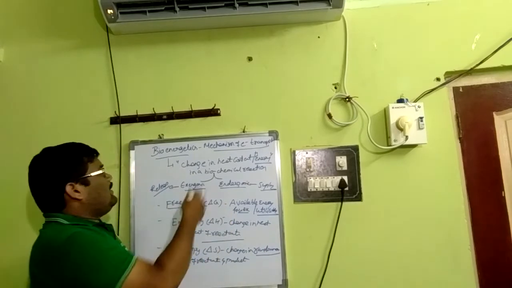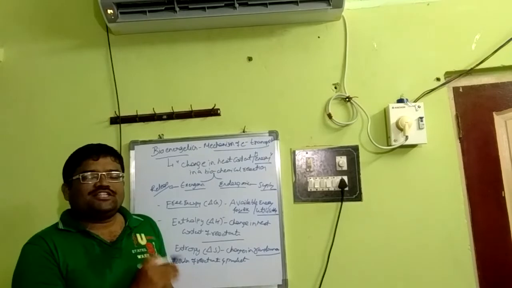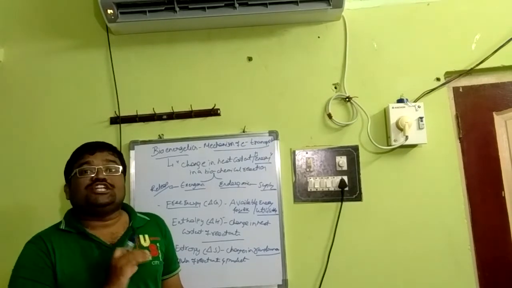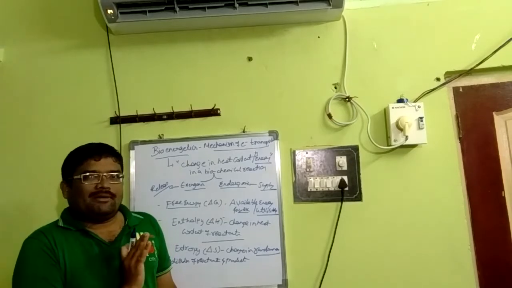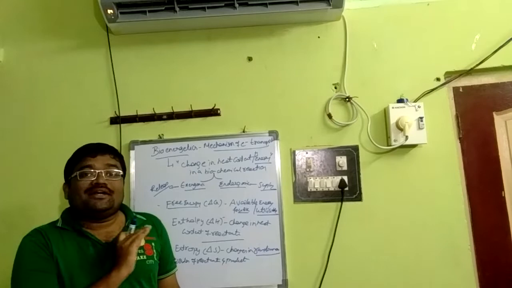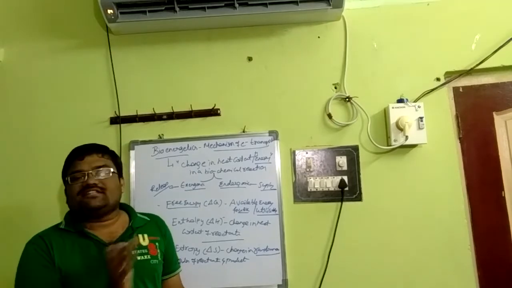That means bioenergetics is the change in energy in a biochemical reaction. Free energy is available energy, indicated by delta G, whereas enthalpy is the change in heat content of reactants, but not the products. But entropy, delta S, deals with the change in the disorder of both reactants and products.